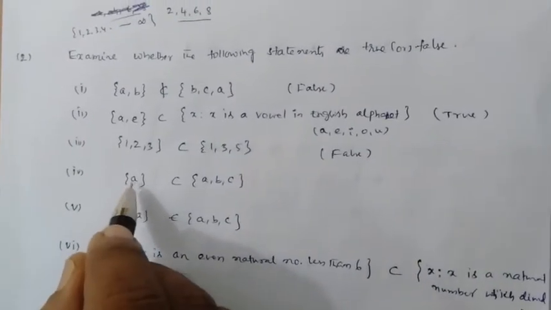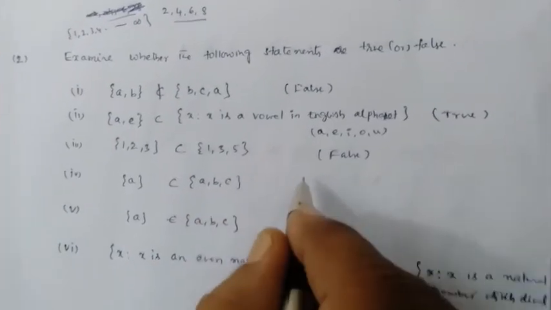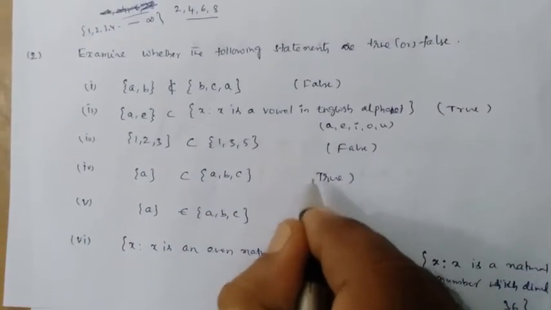Next, set A is contained in the set ABC. That means it is a true statement.